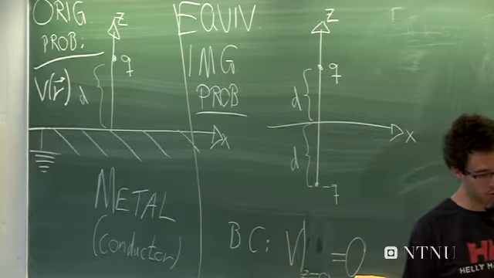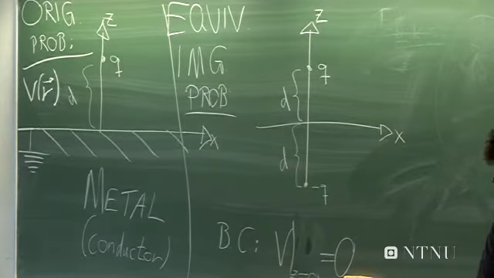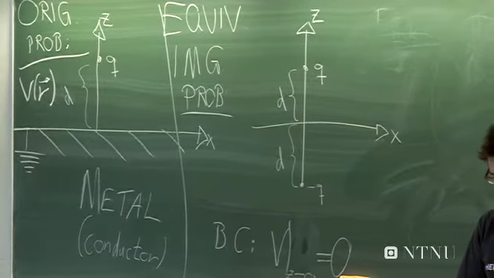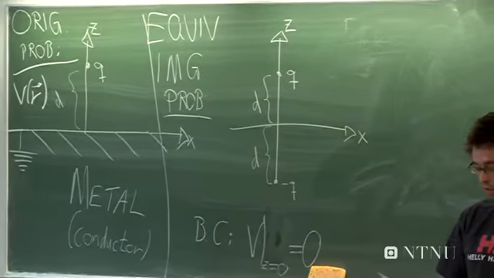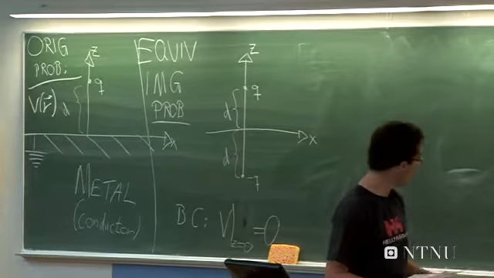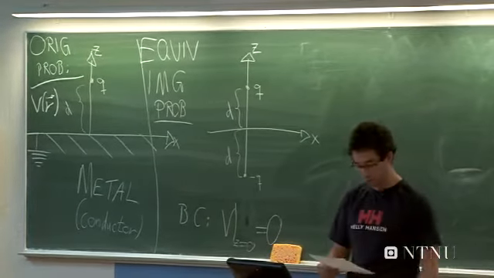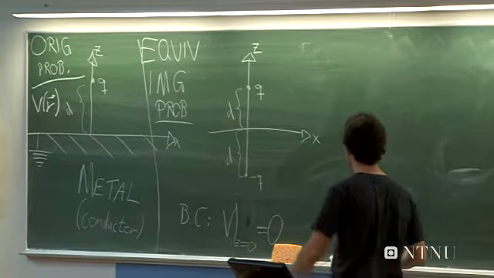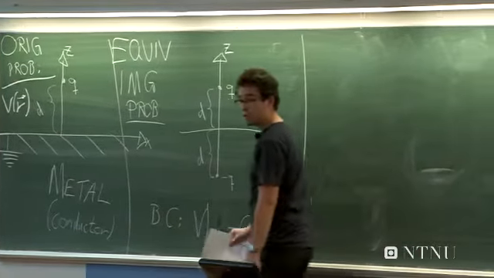Today I'm going to show you that as soon as we have this solution, we can find the charge density by looking at the boundary conditions. So I'm just going to write down the boundary condition on this surface right here.